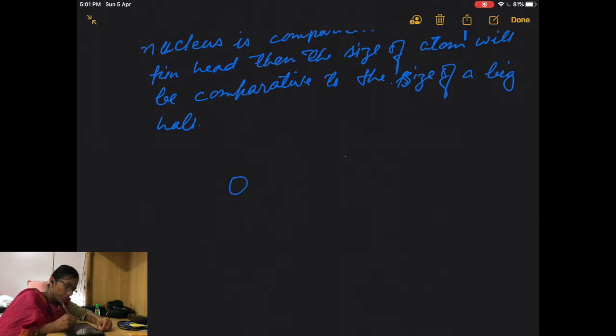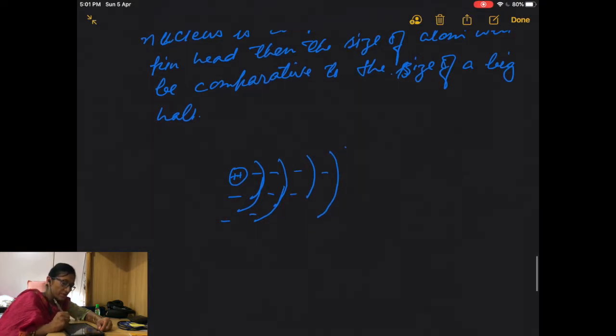Then electrons remain attracted by the protons by being in various shells. They are very strongly attracted. But when we proceed towards outer shells, the distance between these positive charges and negative charges increases, and the force of attraction, I should say the electric force, is inversely proportional to the square of the distance.